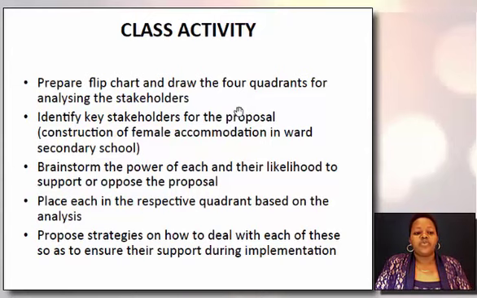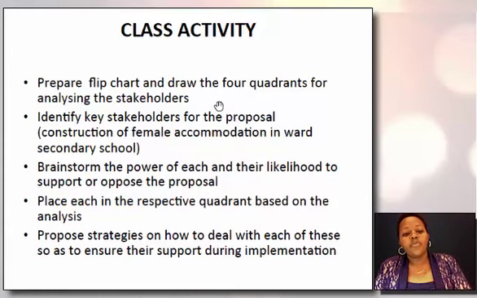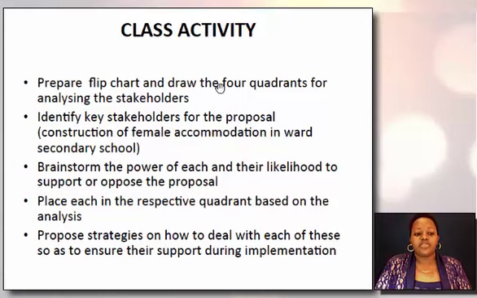The students will prepare a four-quadrant grid to analyze the stakeholders who are likely to be supporters or opponents in implementing this project.